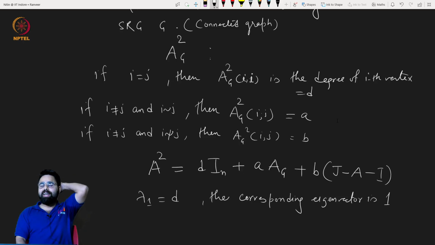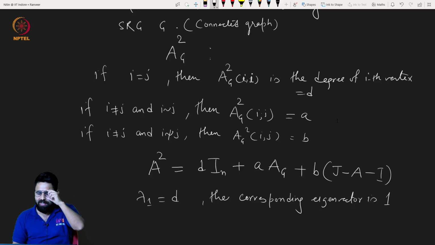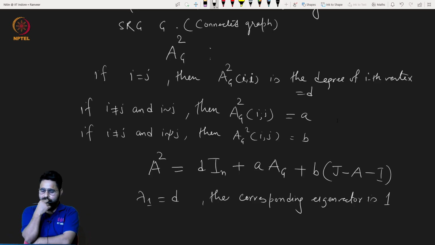Now this all 1 vector is orthogonal to the rest of the other eigenvectors, because A is symmetric, we can always choose such, right? So how can we make use of this fact?